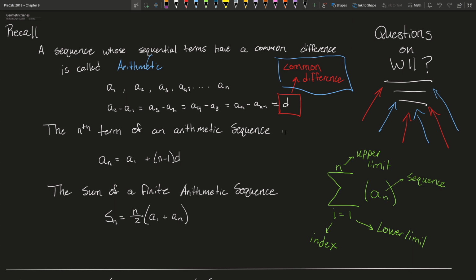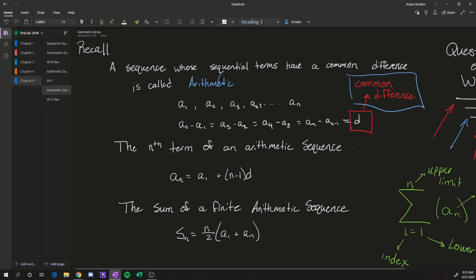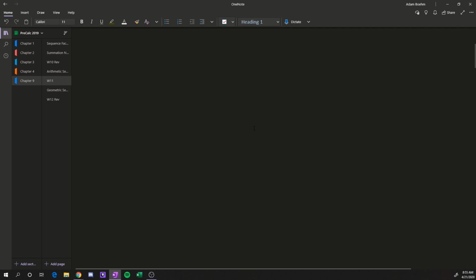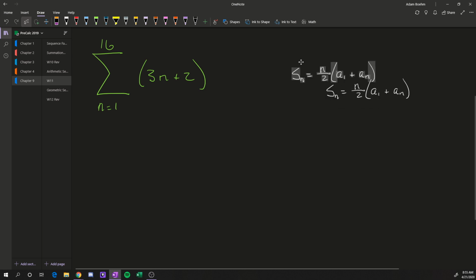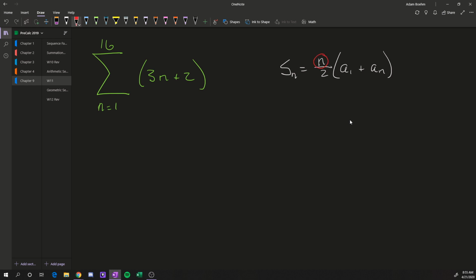All right. So with all of this up on your screen, I want to do one question, which looks like this. Okay, so this says to find the sum of the finite arithmetic sequence from 1 to 16. We have an equation for this, and you just have to plug it in. So the number of terms we have is 16, right?